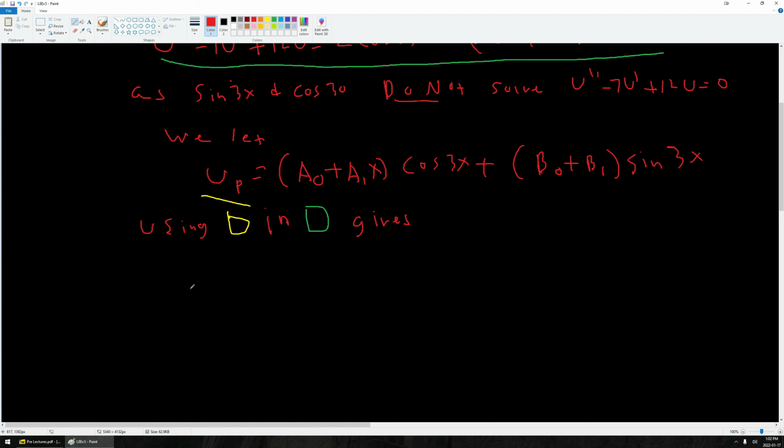So this thing would simply give this new equation that u sub p prime prime minus 7u sub p prime plus 12u sub p is simply going to be equal to, well, when the smoke clears, I'm just going to get this thing here.